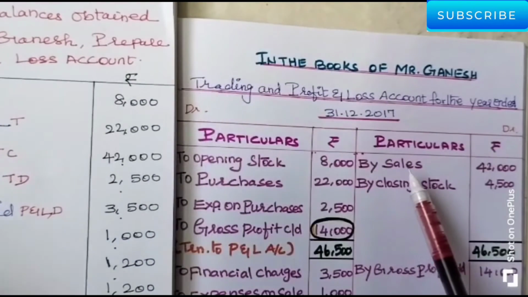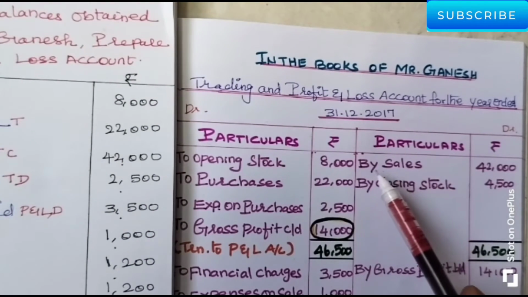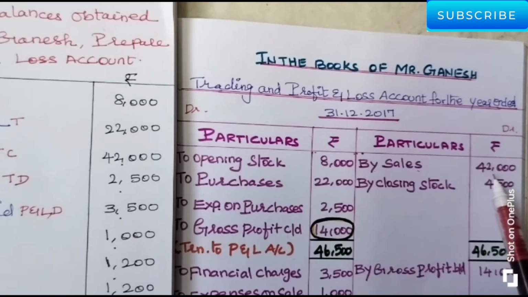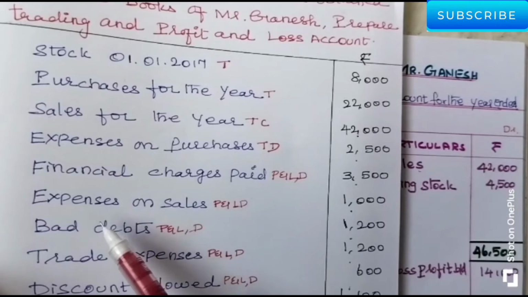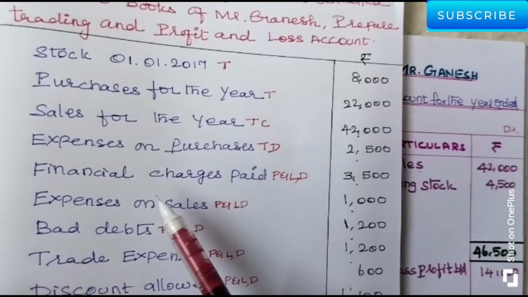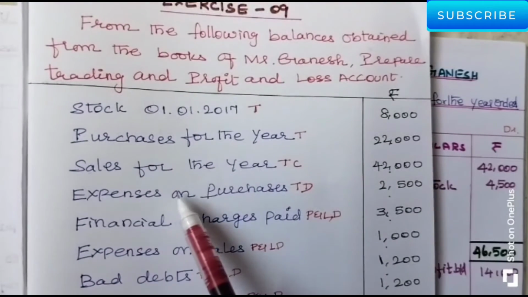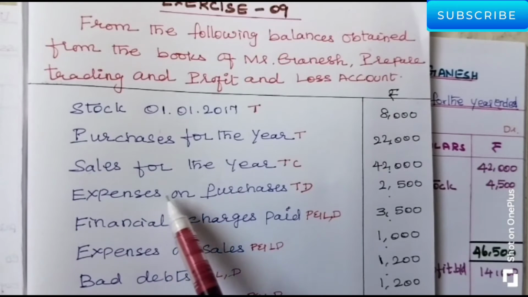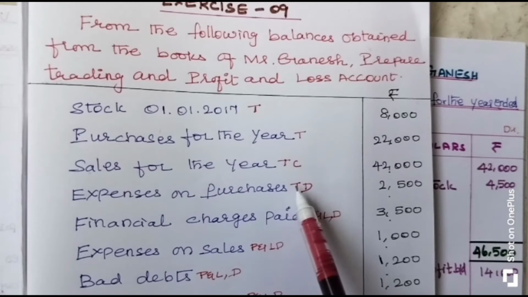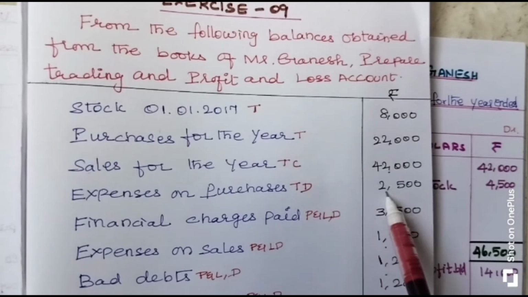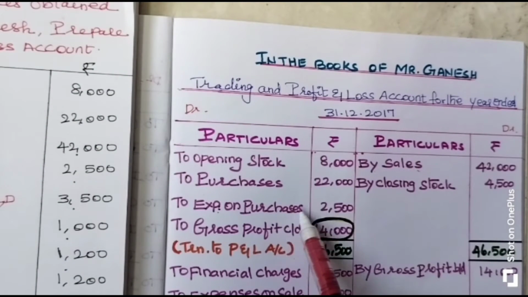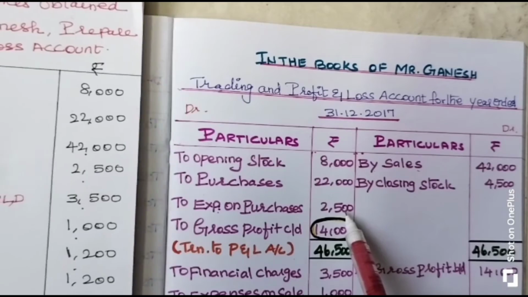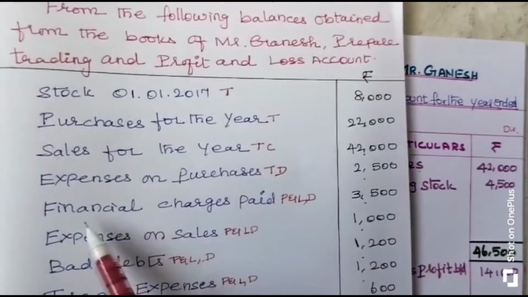Sales always goes to credit side of the trading account. By sales 42,000. They didn't give any purchases returned or sales returned here. Okay, then expenses on purchases, this is a direct expense, goes to debit side of the trading account 2,500. To expenses on purchases 2,500 entered on debit side.